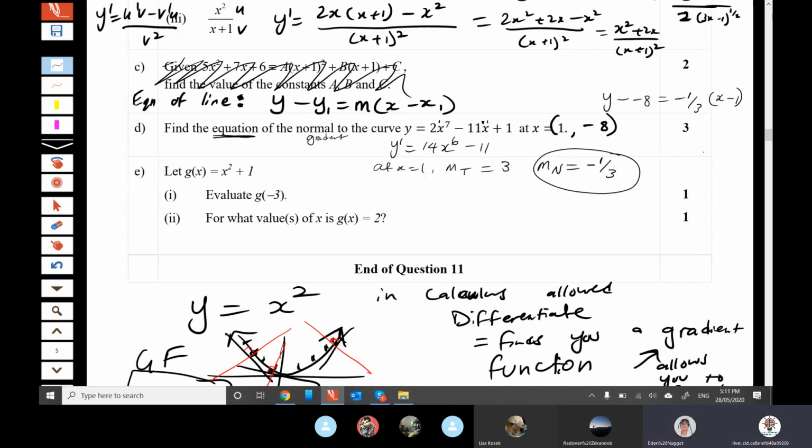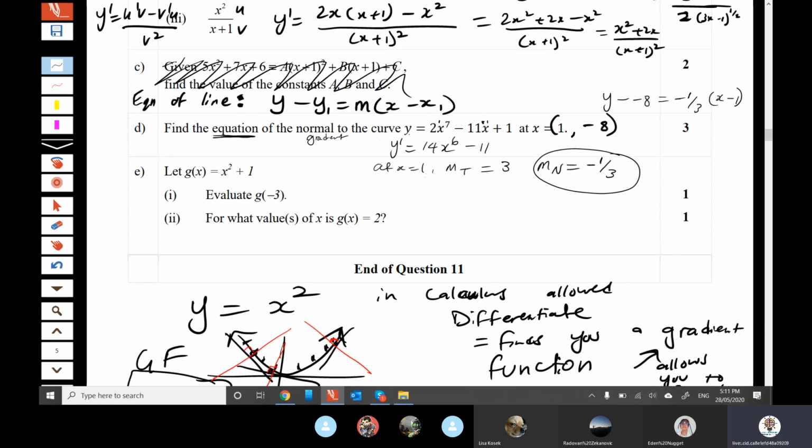Sam, where did that minus 8 come from? Okay, we need a y value. If I've got an x value of 1, what technique do you know to find y from an equation? I just put in 0. That's only specifically for the y-intercept, where you sub in x equals 0.